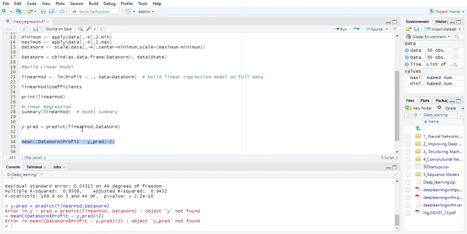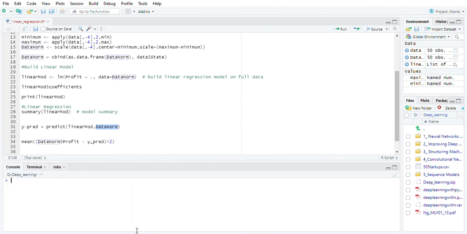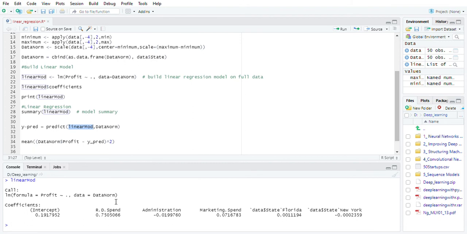What was happening here? This one is the object.